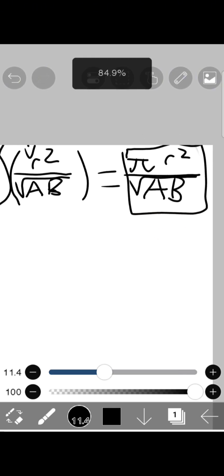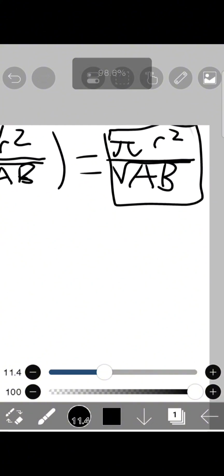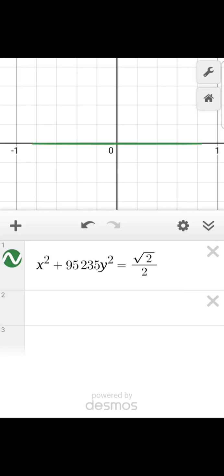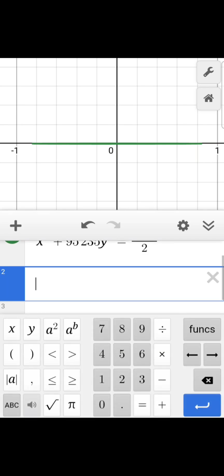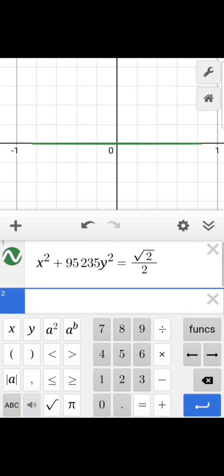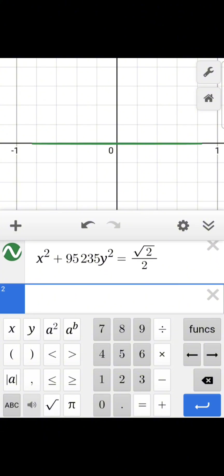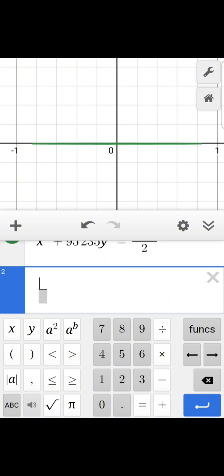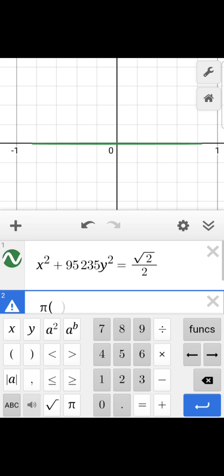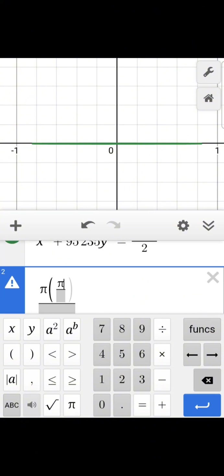So looking back to our silly little pancake, what if we try to plug in the values? Now we're back here, and according to our formula, we're going to use it. So substitution. We have pi multiplied by, what's our radius? It's the square of square root of 2 over 2. So we can just type square root of 2 over 2, and then squared.